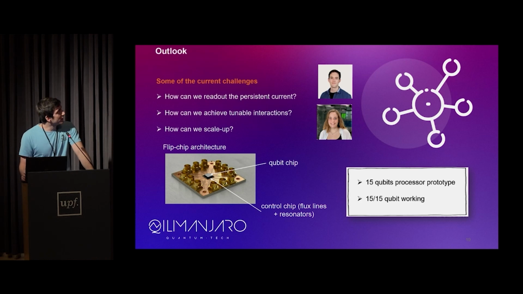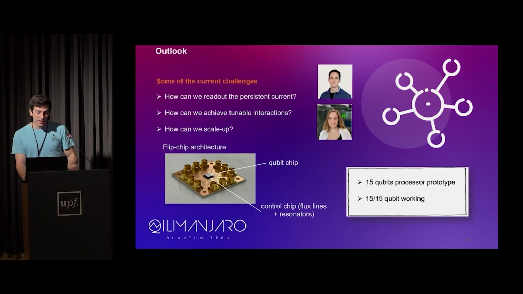And I want to mention that at Qilimanjaro, we are also developing a flip chip architecture where essentially we separate the qubit chip from the control chip, where the qubit chip contains only the Fluxoniums, while the control chip contains all the superconducting lines that we need in order to control the qubit. Then essentially we can flip one chip on top of the other so that we can achieve sort of inductive coupling and capacitive coupling between the two, and we can operate it in a standard manner.